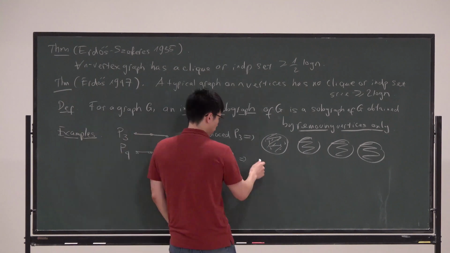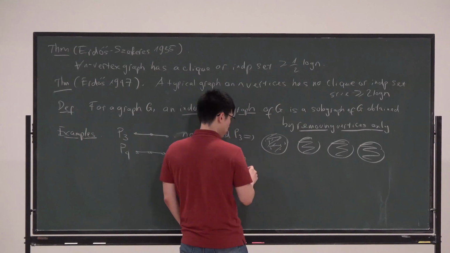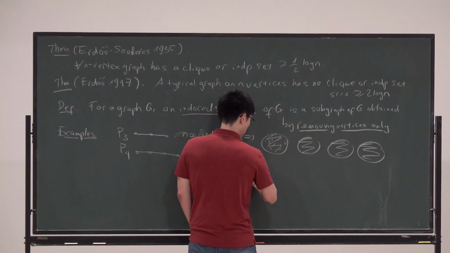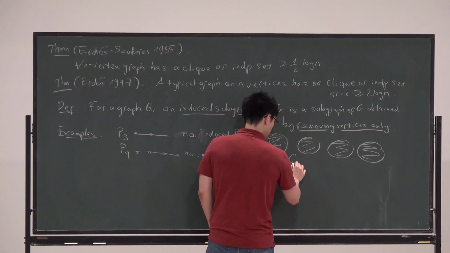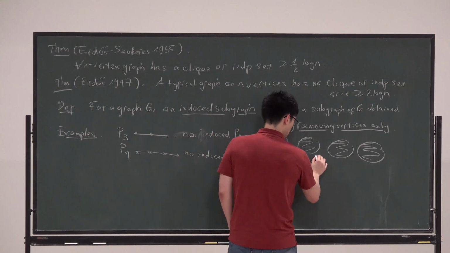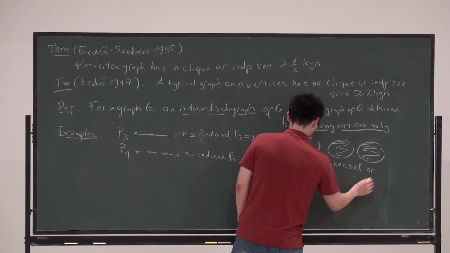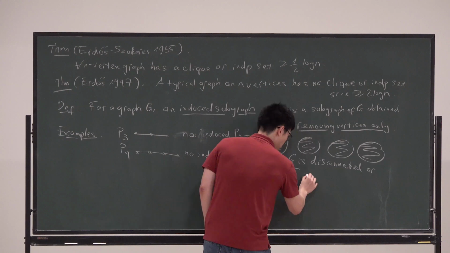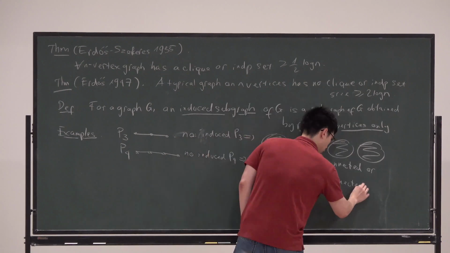No induced 4-vertex path means that either the graph G is disconnected, or its complement, let me say G bar, is disconnected. Okay.